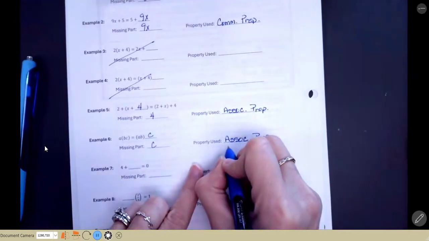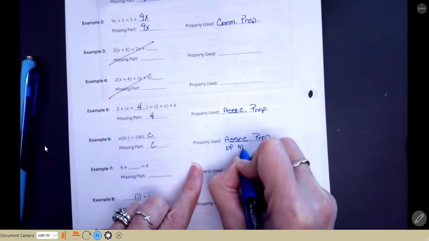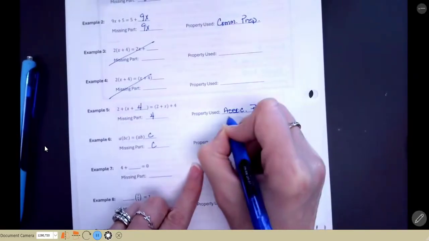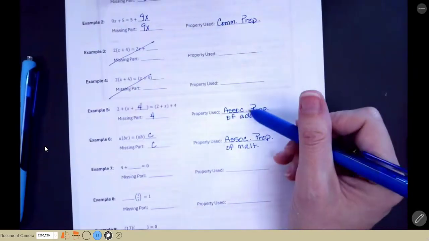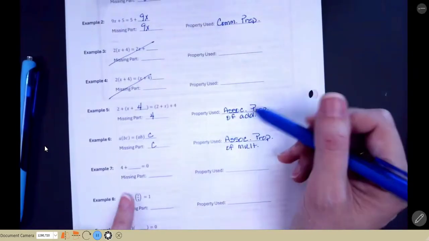Okay, which represents multiplication, right? So this one is the associative property of multiplication. This one is of addition. Now, on your homework, you do not have to write that part. You just have to write that it's associative property, okay? But I just wanted to show you that because it can be either one. All right.